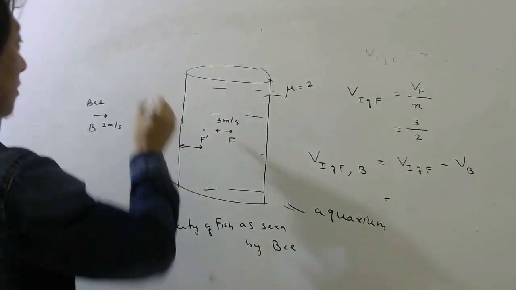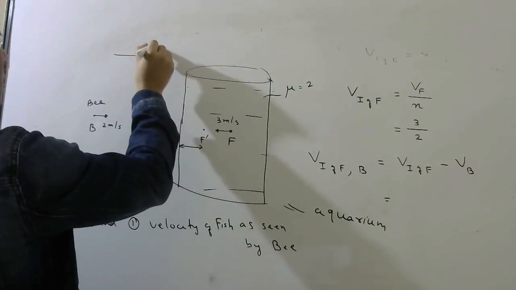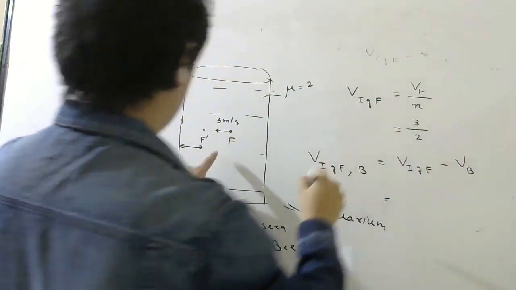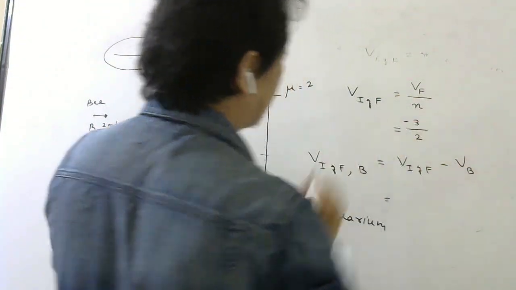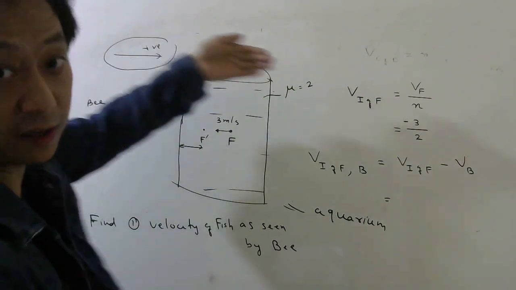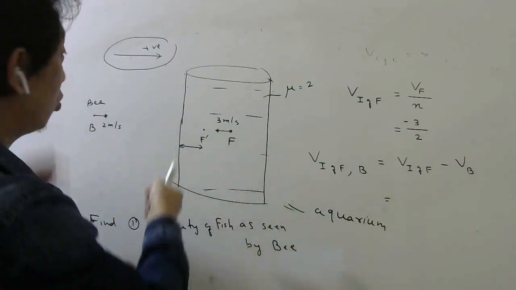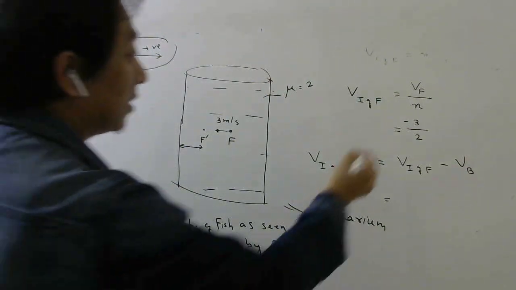But take one direction positive. So let us say this direction is positive. So velocity of image of fish. When I write velocity of fish, I should write minus here, because this one I have taken positive. So velocity of fish given velocity is opposite to my positive direction. So minus 3.